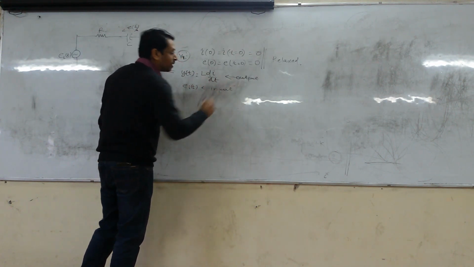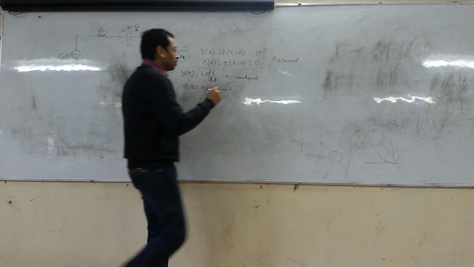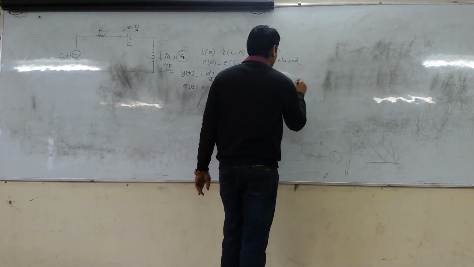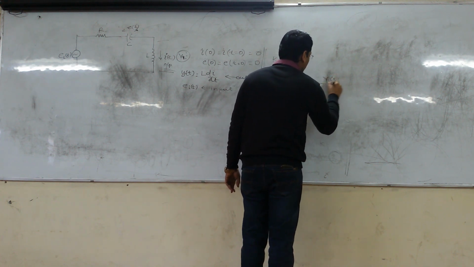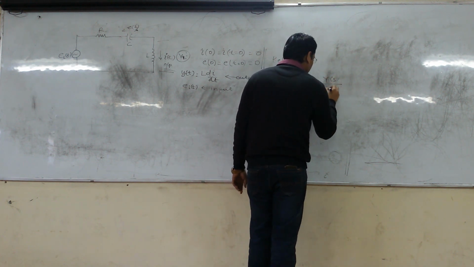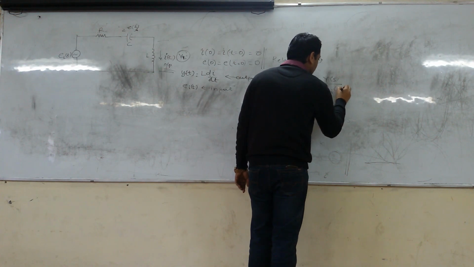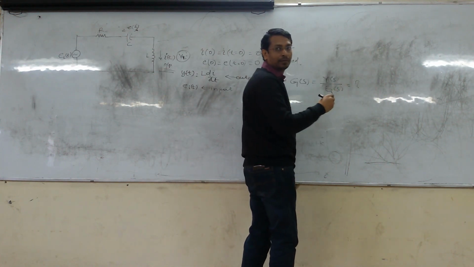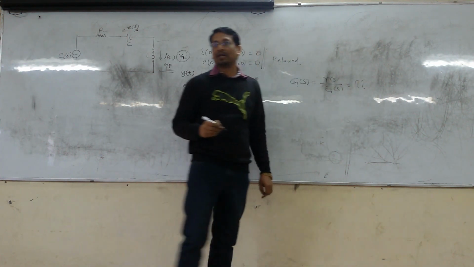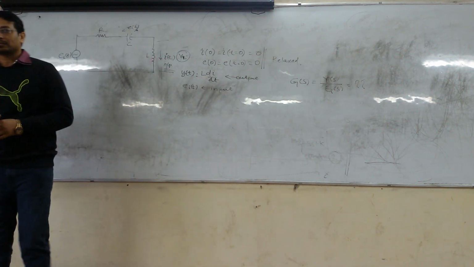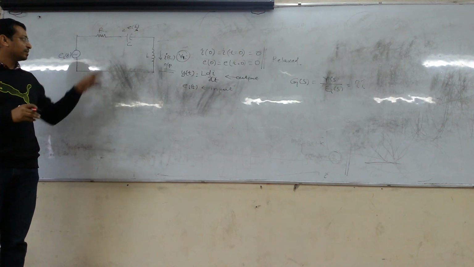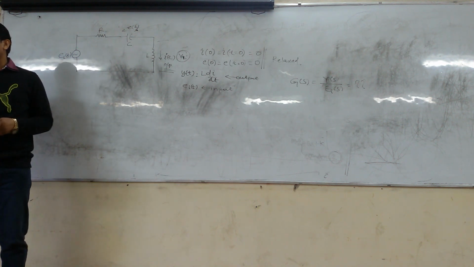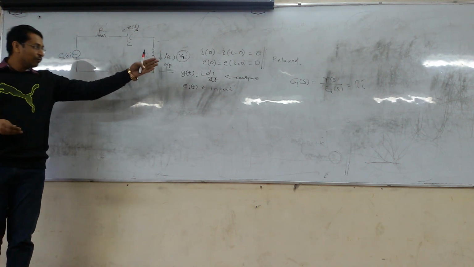So what you need to find out is the transfer function G(s), which will be equal to capital Y(s) upon capital E_i(s). This is the job. Okay, now the job is defined. Find it out. Write the circuit equation, take the Laplace transform under the relaxed condition and perform this.